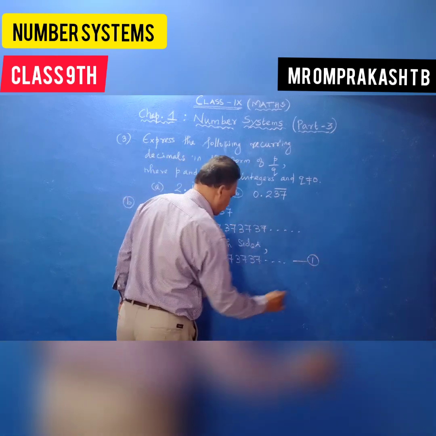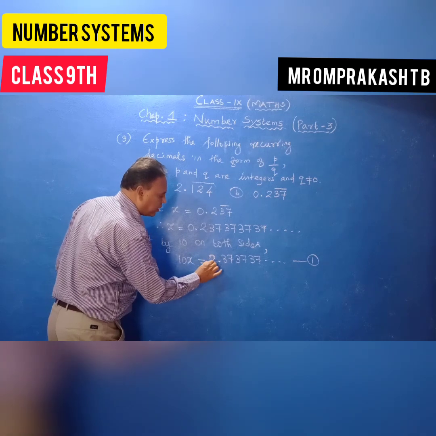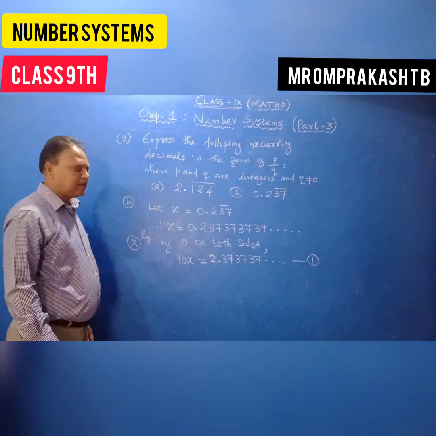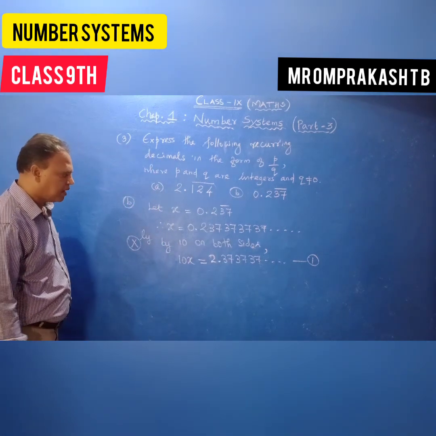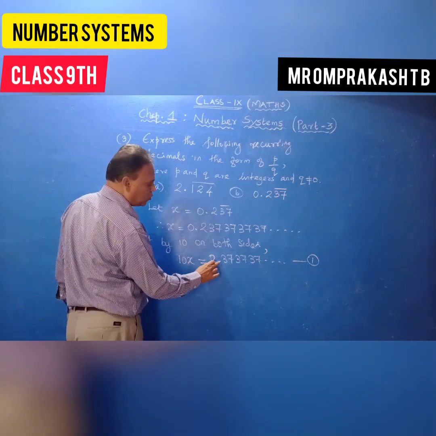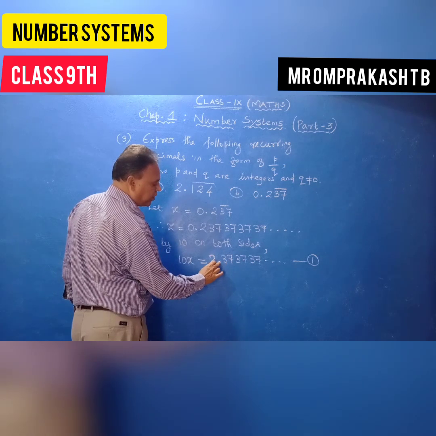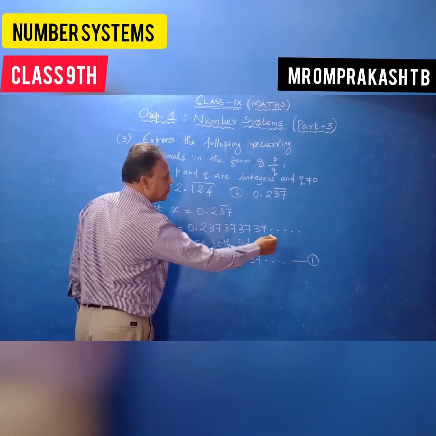This one you take as equation 1. Clear? So here you have to get the decimal part same. That is the idea. Clear?